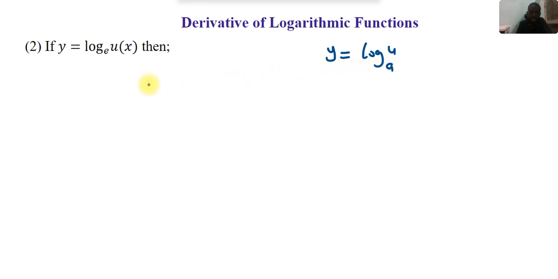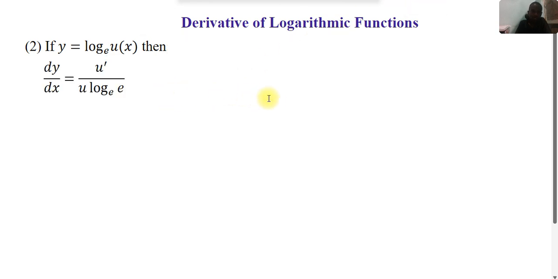But this time around we are having it in a different way. You are having your y to be the natural log of u. Okay, you are having it expressed in the natural log of u, but the first one that we have here is not. So because of this, the outcome when we take the derivative of y in this case is going to be different.